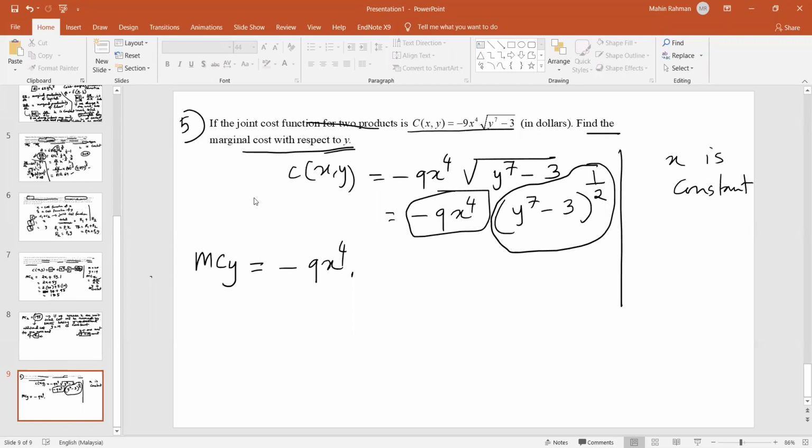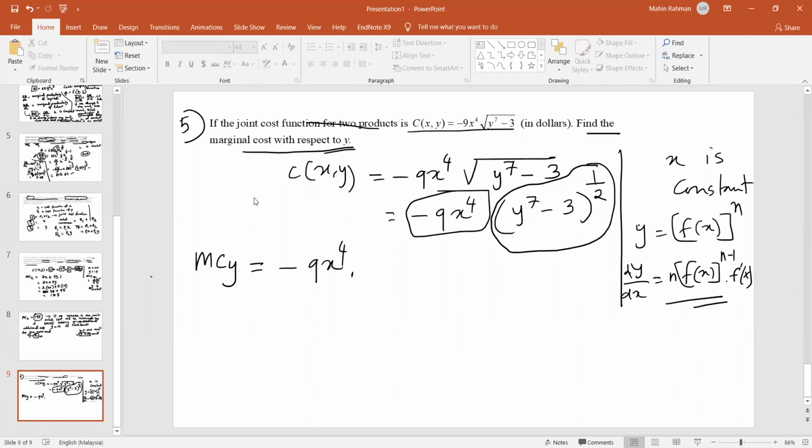Power of the function rule. Can you remember it? Suppose y is a function of x with power n. How to find the derivative dy/dx? Bring the power in front, write the function to the power n minus 1, and multiply by the derivative of the function.